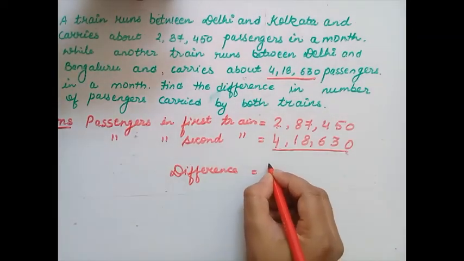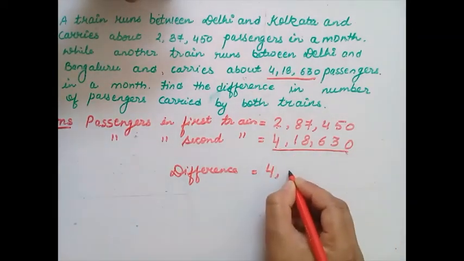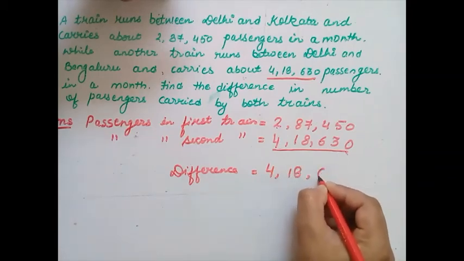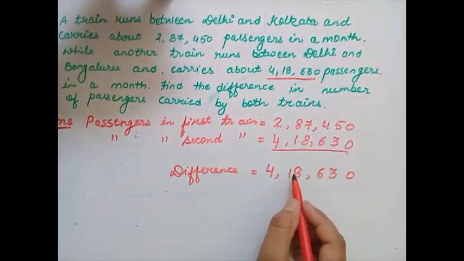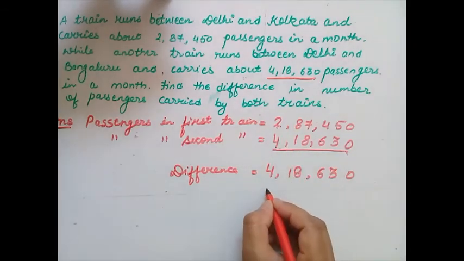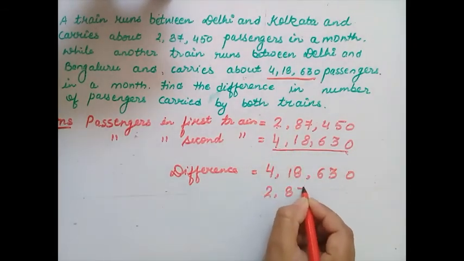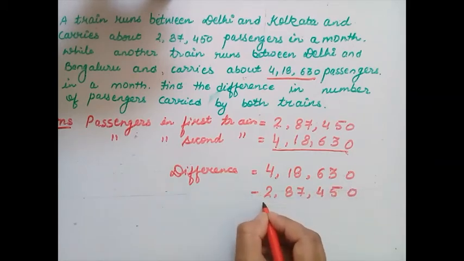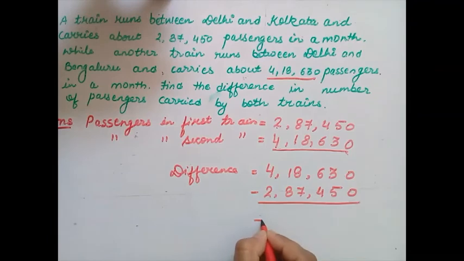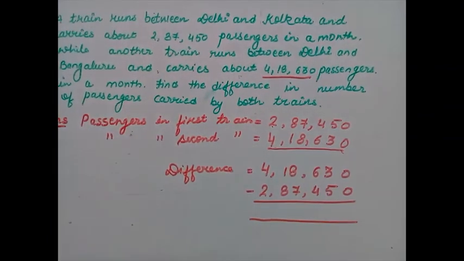So difference is equal to, first note down this number, 4,18,630, and this number below this number, 2,87,450. Write each digit in a straight line. Then we have to subtract it.